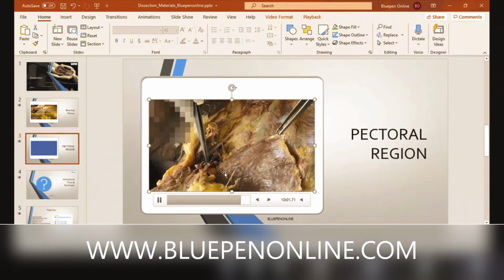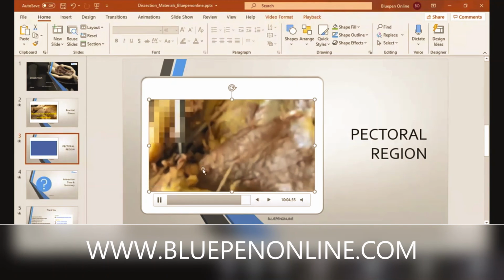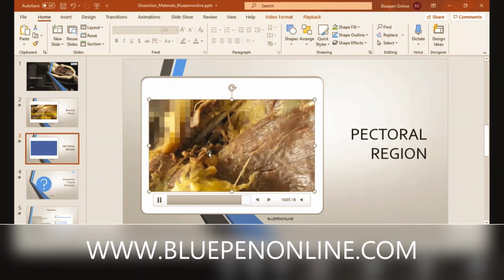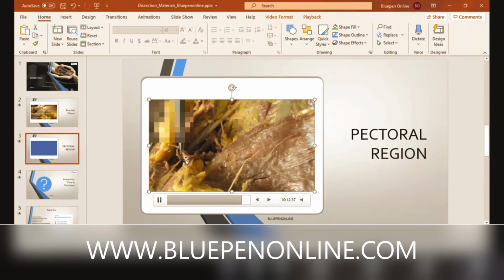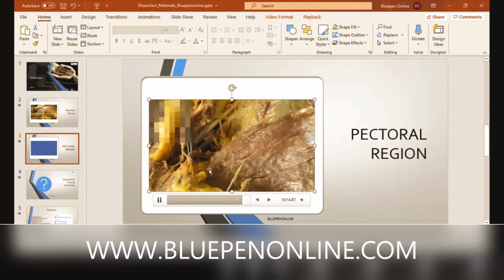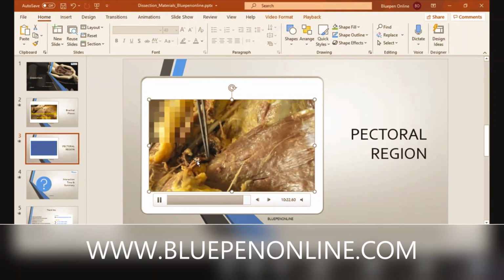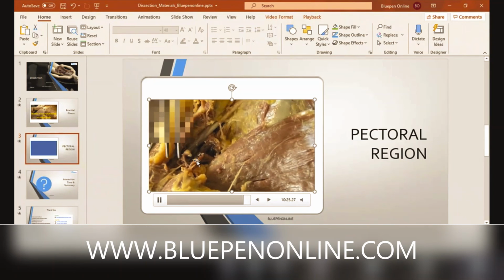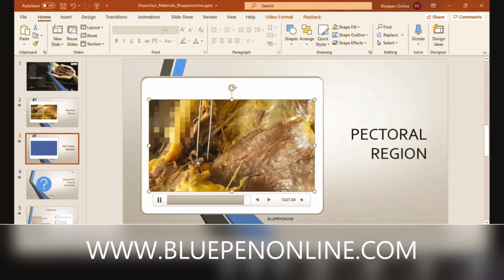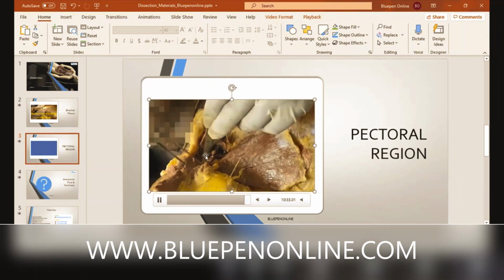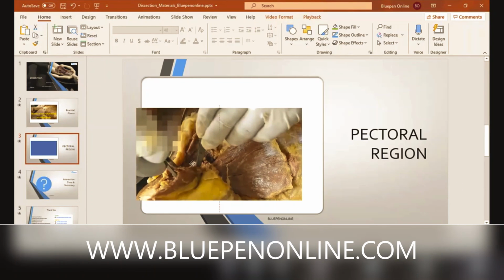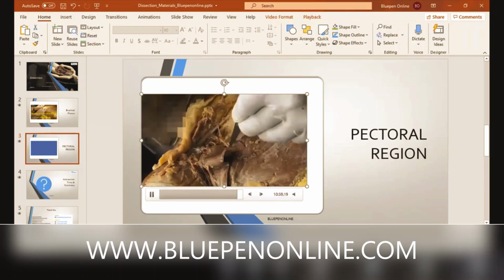Then the medial pectoral nerve. Then the thoracoacromial artery, which has 4 branches: clavicular, acromial, pectoral, and deltoid branches. So this is the thoracoacromial artery.